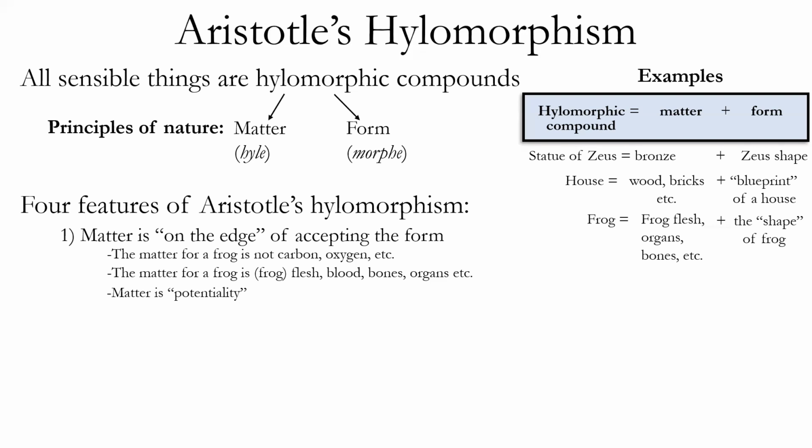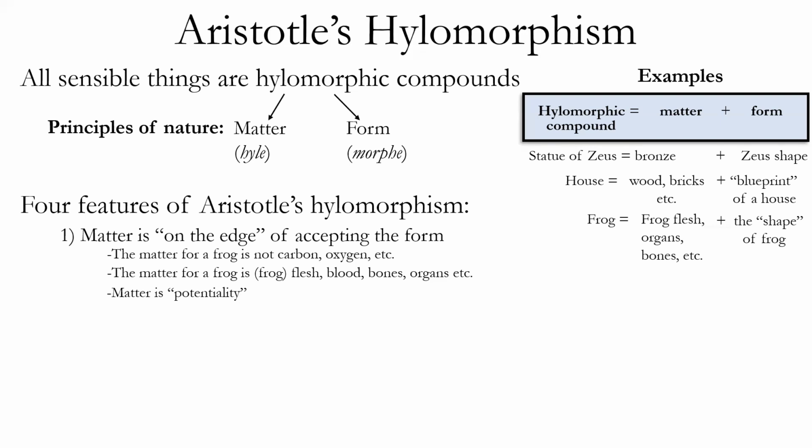Aristotle would want to say no, even though you could build a house out of those things. You get the clay out of the ground, you make it into bricks, you cut the trees down, you make them into floor joists or whatever. Even though you could make a house out of those things, the clay in the ground and the trees in the forest are not really the matter for a house.